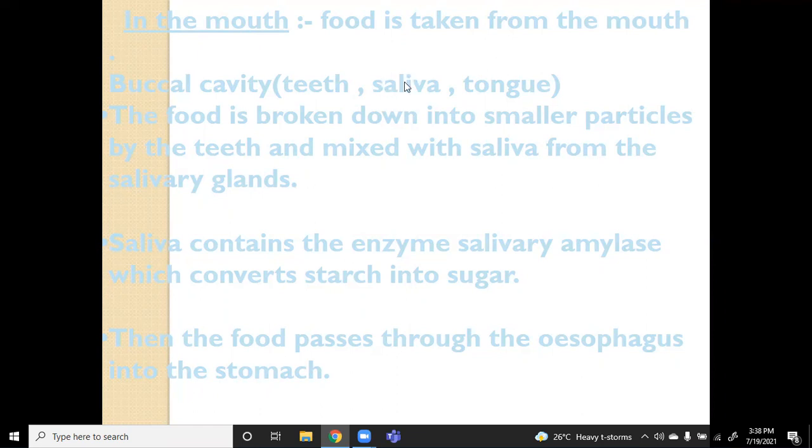Saliva helps in mixing and wetting the food so that it can slide down. The tongue helps in sliding it downward. The tongue also has taste buds which help identify various tastes. So this is our buccal cavity.